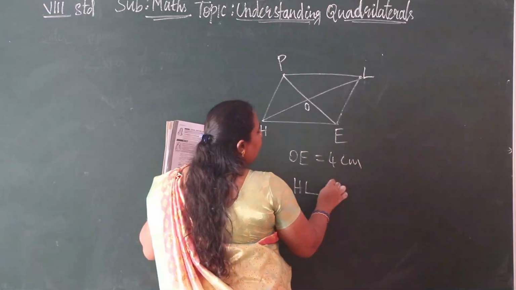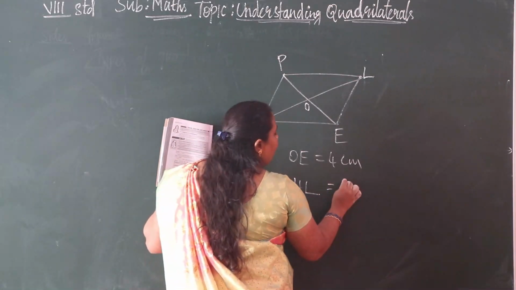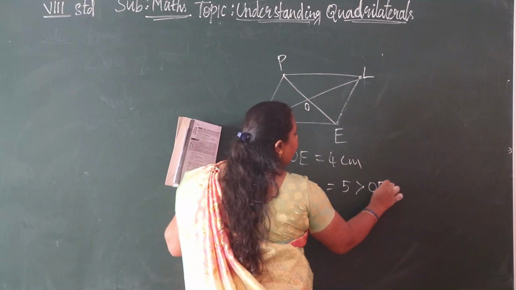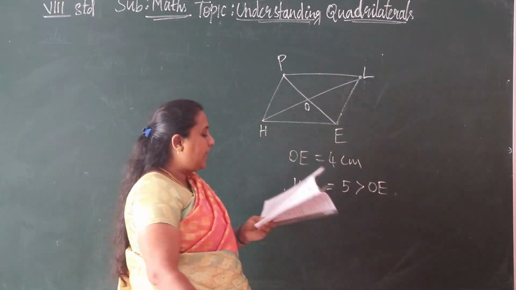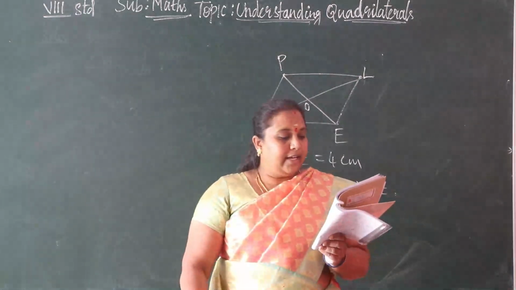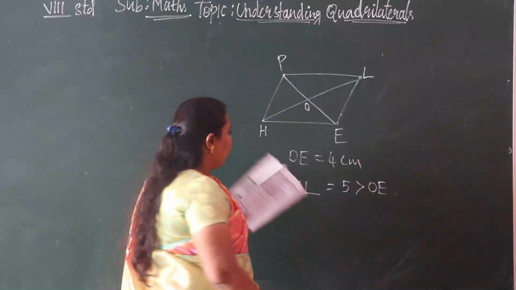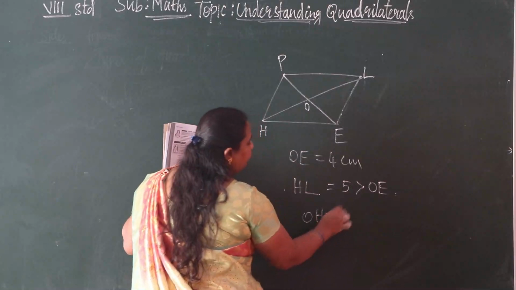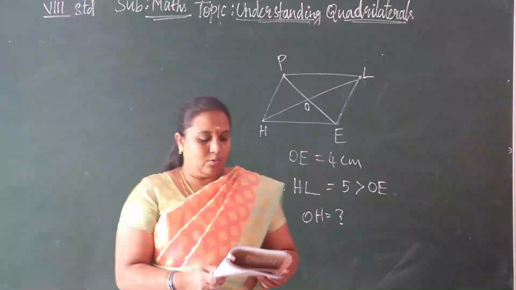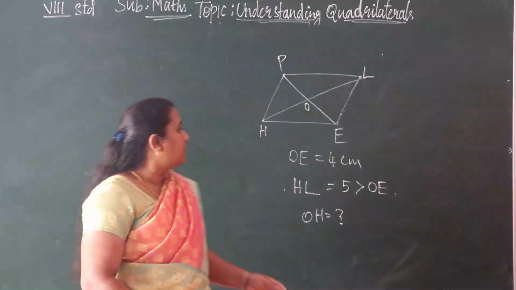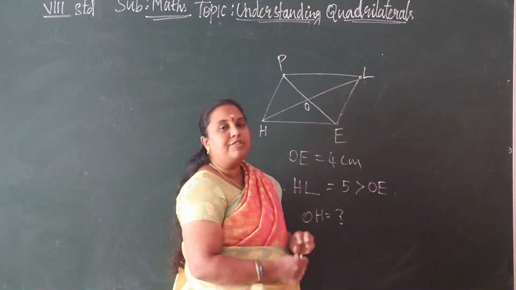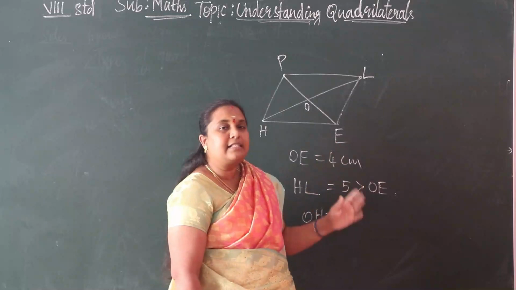HL is 5 more than PE. So we want to find out OH. Here it is given that the diagonals of a parallelogram divide equally, that is, they bisect each other.